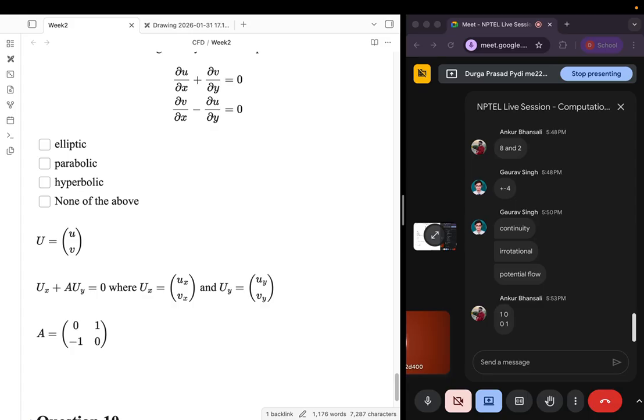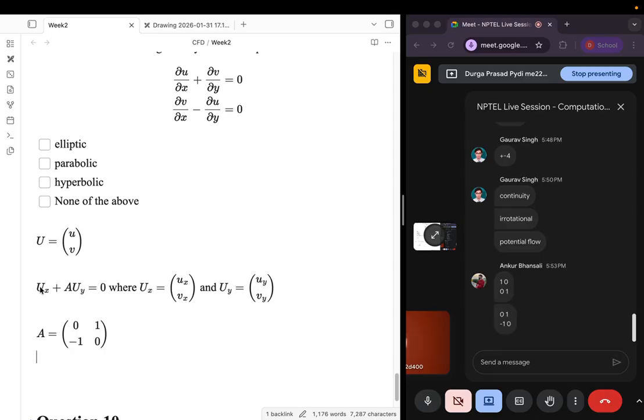One, 0, 0, 1. I already have the Ux here, so the first term should be 0.